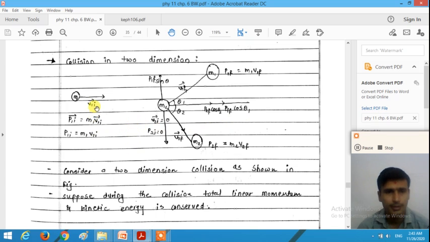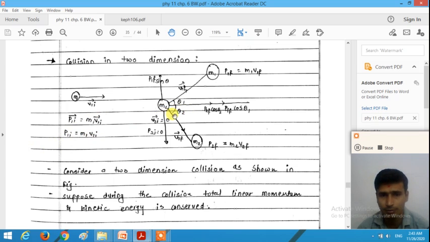So for that, consider two objects having masses m1 and m2 moving with velocities v1i and v2i, right? Here we use the momentum of the first object in vector form. So p1i momentum is equal to m1 into v1i vector. The magnitude of p1i is equal to m1 into v1i.